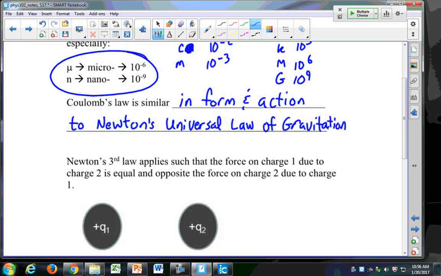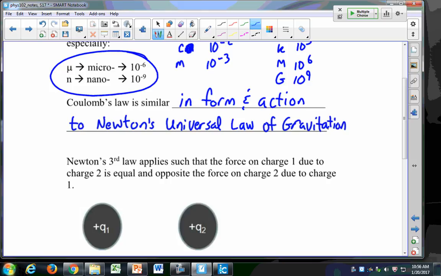Any idea why that might be the case? Why is it that those two equations look so similar? Is there some connection between gravity and electricity that we just don't know about? K Q Q over r squared, G M M over r squared.